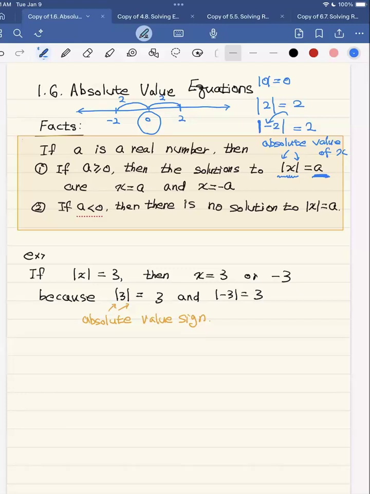As I said, if positive a is a solution, then negative a is also a solution because both are at the same distance from 0.